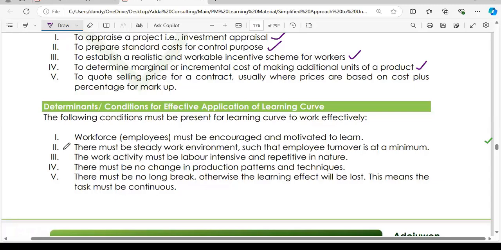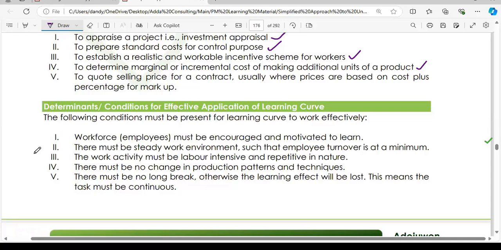So the work environment must be so conducive that it enhances your innovative and creative ability, and enables the workforce or the employees to feel motivated and encouraged to perform the task. If the environment is not conducive, it will be inimical to learning, and then employees will not be able to gain much.